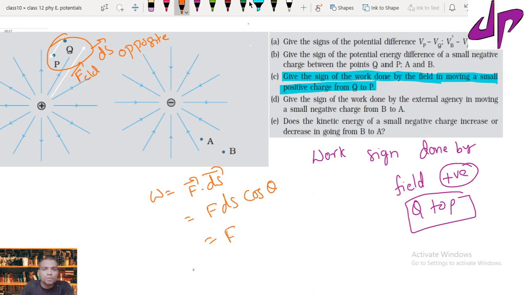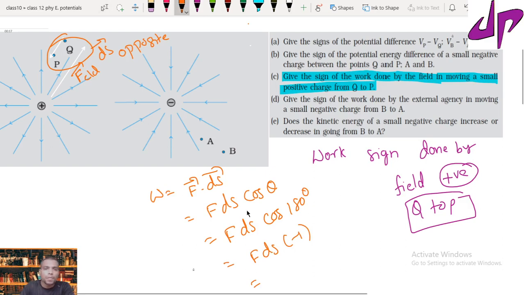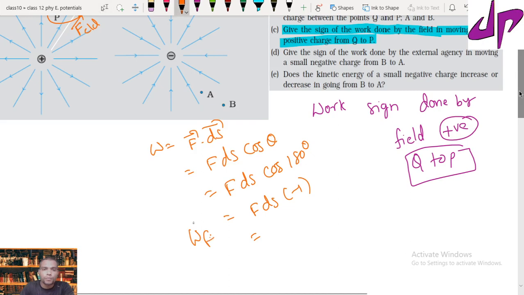Since they both are opposite, I can take cos 180 degrees, which gives minus F ds.